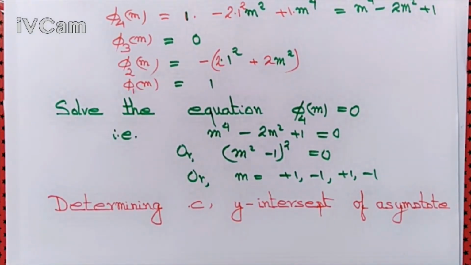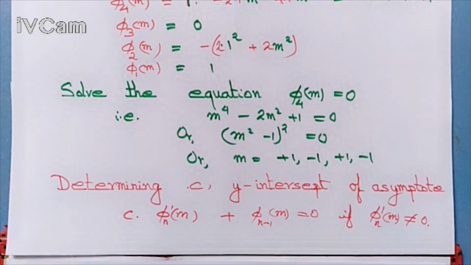Okay, how shall we determine it? For that, we have a formula. We have the formula c times phi n prime (m) plus phi n minus 1 (m) equal to 0, if phi n prime (m) is not equal to 0.